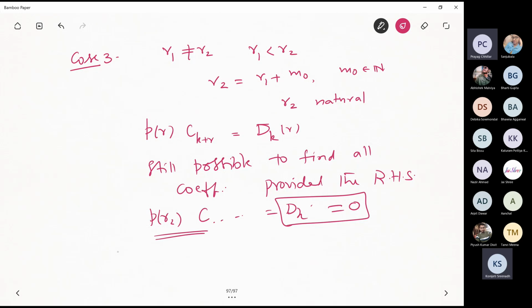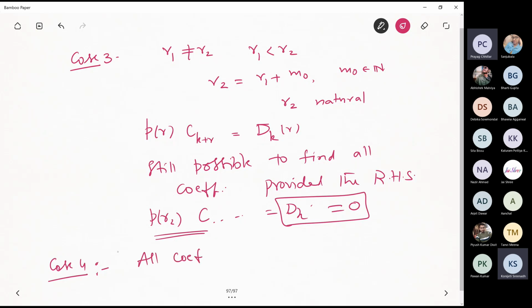The other case is a fourth case, where you don't have such a situation, where all coefficients cannot be determined from the recurrence relation.